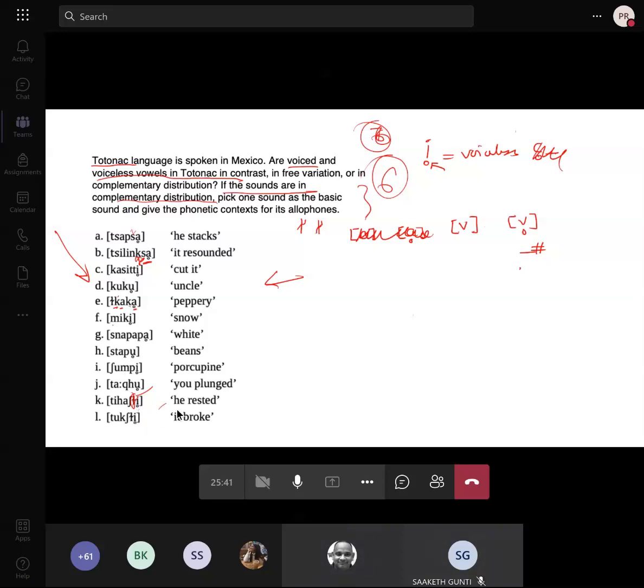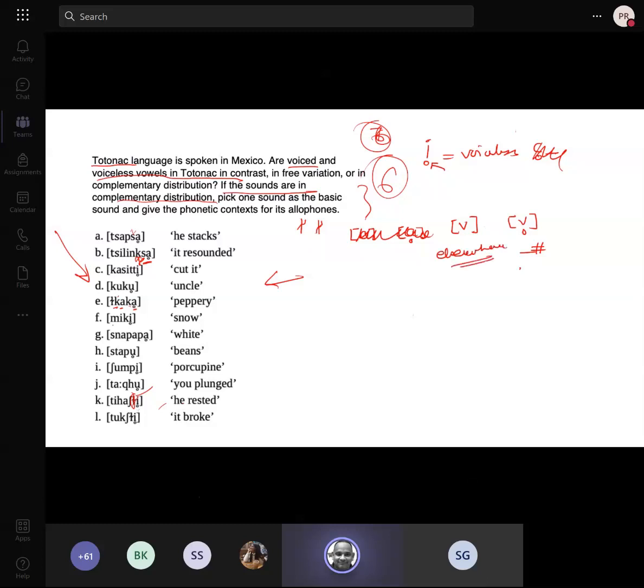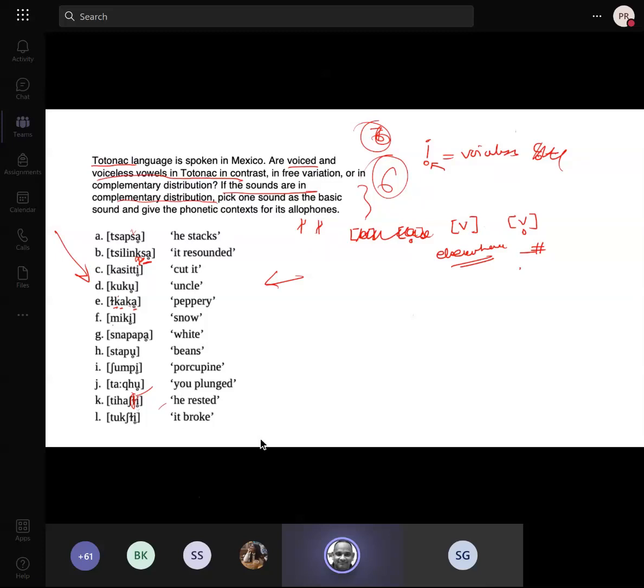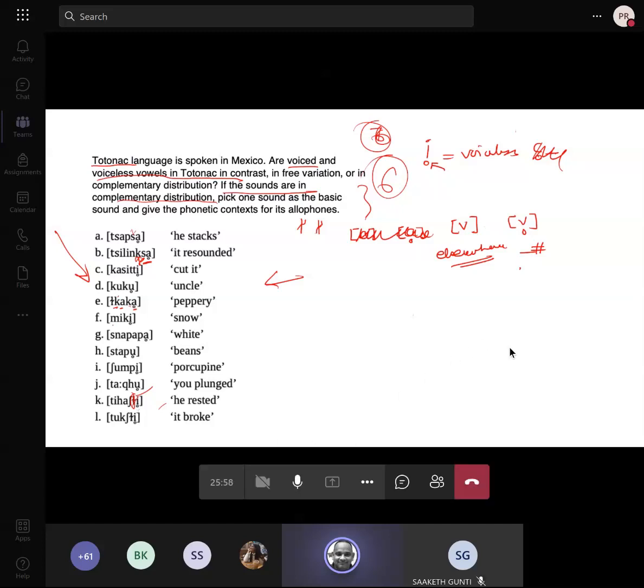Yeah. So I would assume, from the limited data, that elsewhere it is all voiced, right? So which one will be the phonemic form and which one will be the phonetic form? Phonemic would be the voiced one. And this one is the phonetic, right? So if we want to write the rule, how would we write?